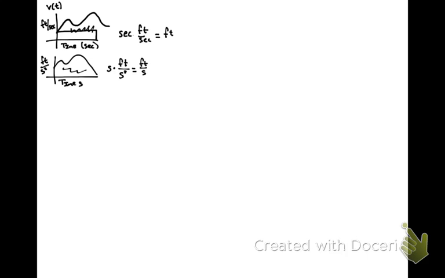And so there's a couple different things that you need to consider, but notice just in terms of your relationship, what you know about derivatives and integrals, that if you took a position function, its derivative would equal a velocity function. So it ought to make some sense that if you were to integrate a velocity function, you would end up with a position function.